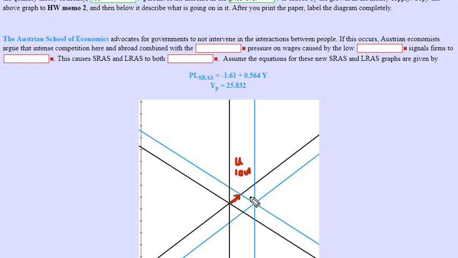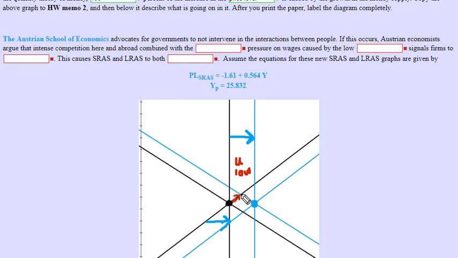In the long run, you'll get long-run aggregate supply moving out to here with those new industries. And if long-run aggregate supply shifts, short-run aggregate supply will shift by the same amount. So what ends up happening is we end up out here in the Austrian school. We start here. Feeling wealthier, feeling good about the future pushes aggregate demand out.